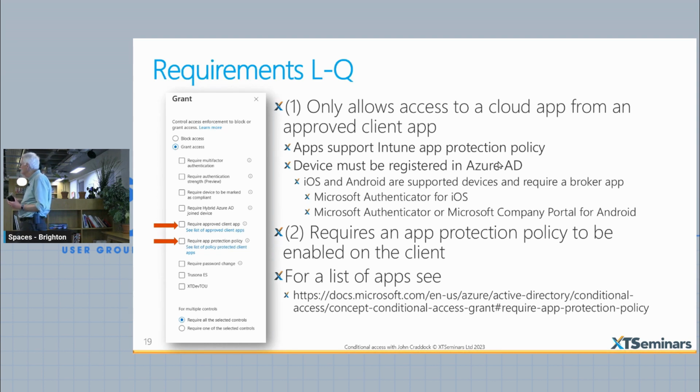The idea with a protection policy is you wrap a bubble around the corporate data, so it can't be cut and pasted, and you can do a remote delete of it, but the personal data is still intact. To do that, you need a particular client, and there are two options here. This one says only access to cloud apps from an approved client app, which is one capable of supporting a policy, and this one says with a policy in place.